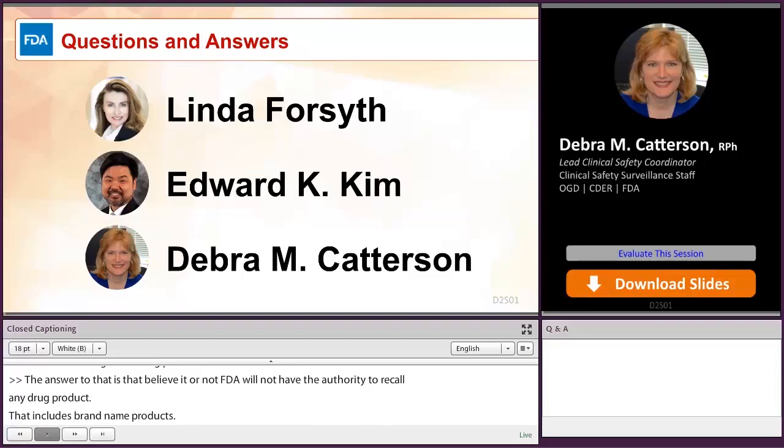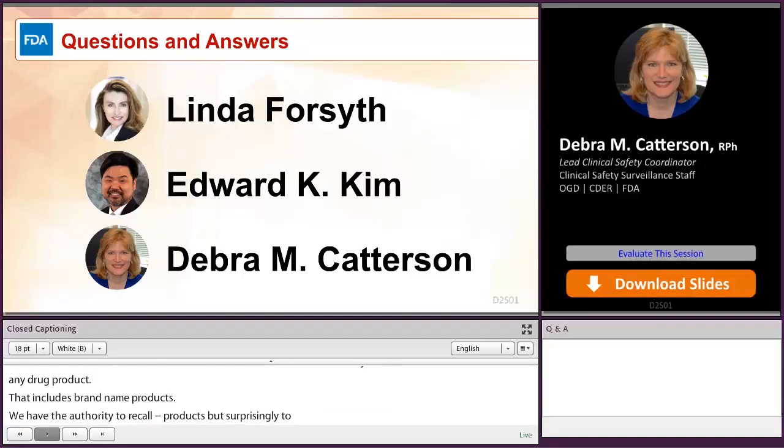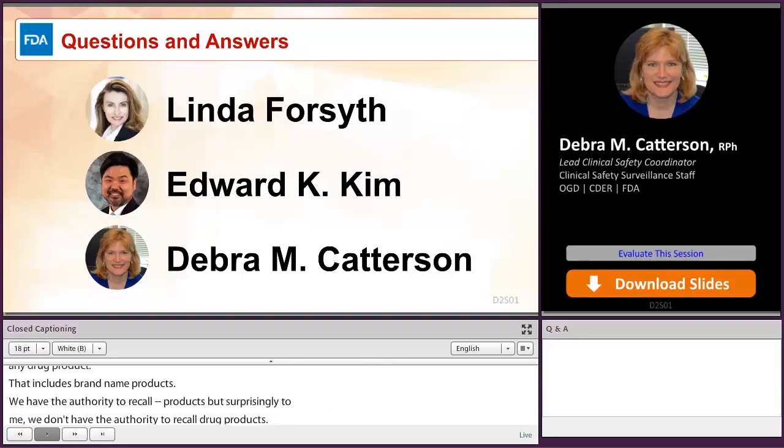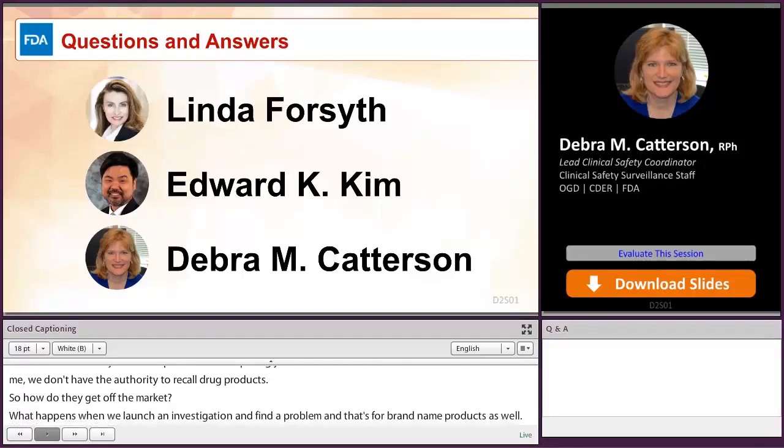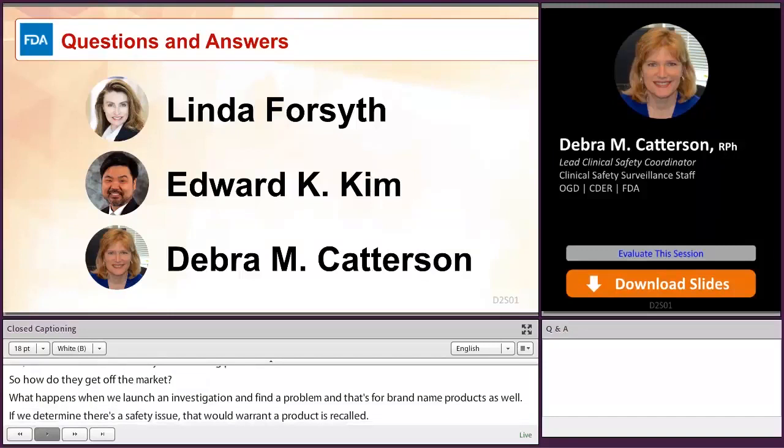What happens is when we launch an investigation, and if we find a problem, and this would go for brand name products as well as generics, if we determine that there is a safety issue that would warrant a product being recalled, we contact the sponsor and we share the safety issue with them, and we strongly encourage them to remove the product from the market or do some sort of voluntary market recall.